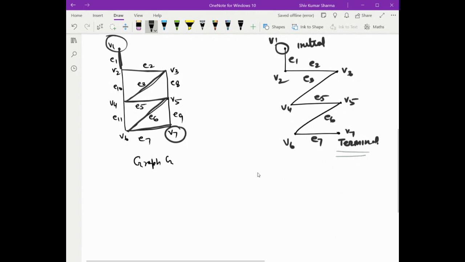Now we define closed walk. Next we define closed walk.